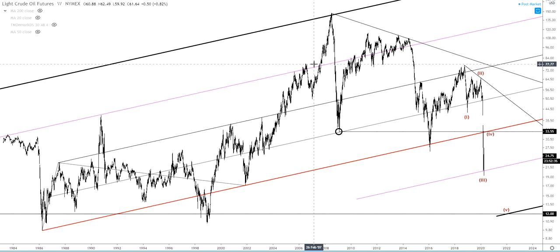Now, the next step in this channeling lesson, if you want to call it that, would be channel extensions. So you can see that the magenta line here is half the distance of this channel. So center line to the upper parallel. You're going to extend that width, and you're going to come up with the magenta line here.